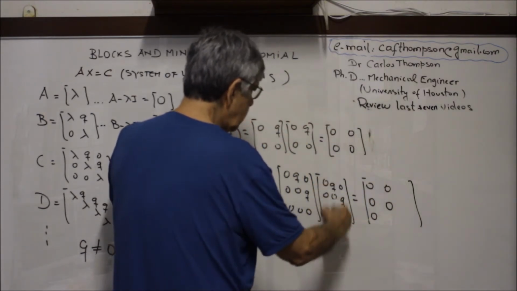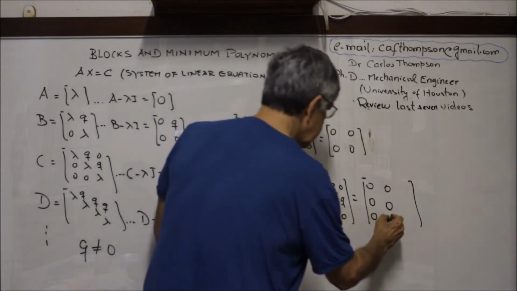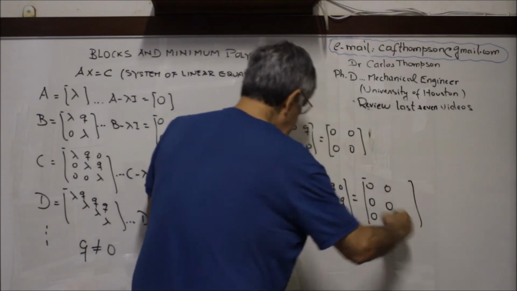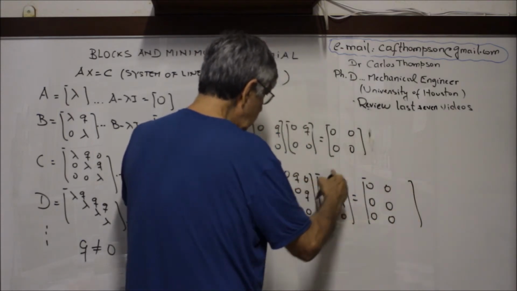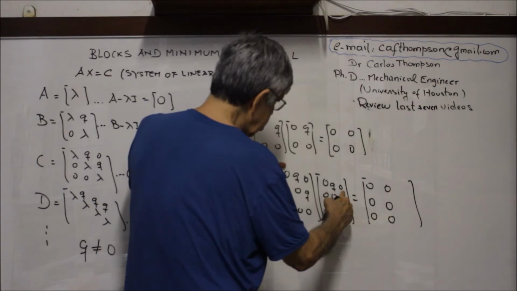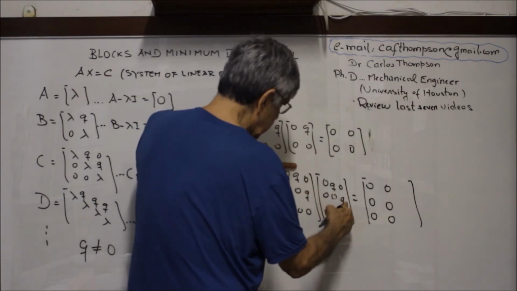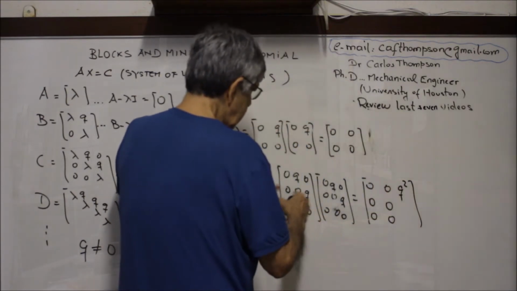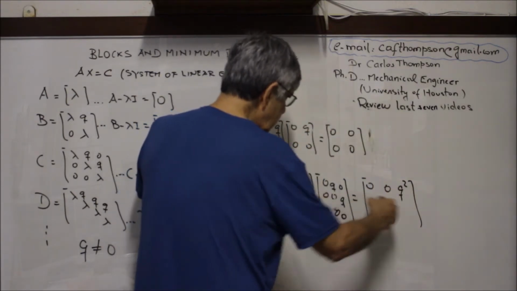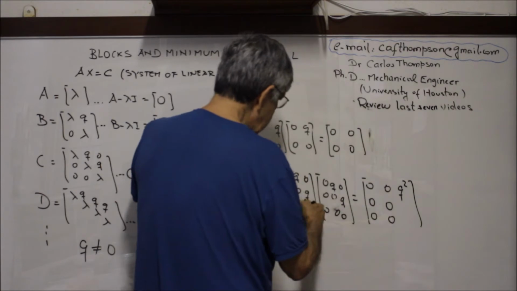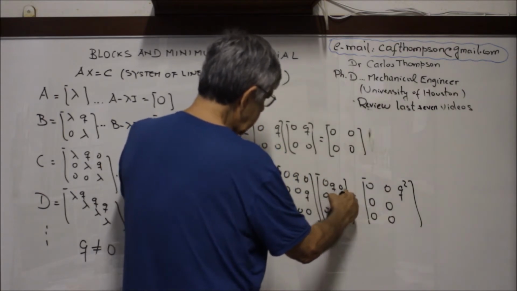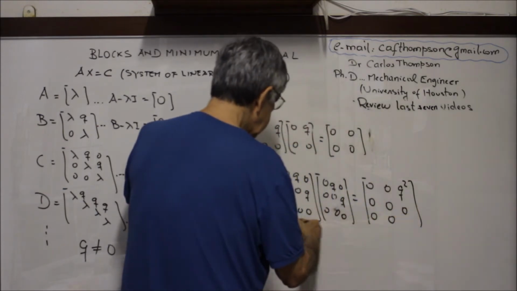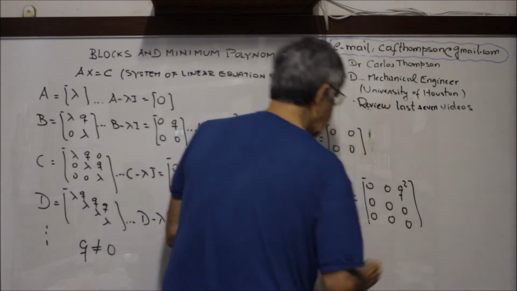Third row, third column will also be 0. Now, first row, third column: 0 times 0 plus Q times Q, this is Q squared. Second row, third column: 0 times 0, 0 times Q, and Q times 0, this is 0. And the third row, third column is 0.